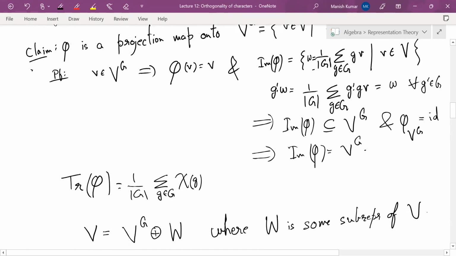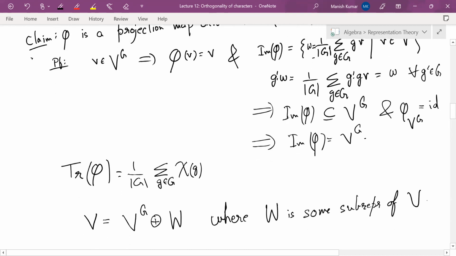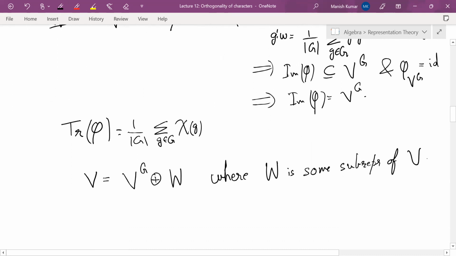And what does phi do? It is the projection onto this. So now if you think of taking a basis of V^G and then extending it to a basis of the whole of V, then try to compute, or maybe you can just directly do characters. What will be the trace of phi if you think in these terms?